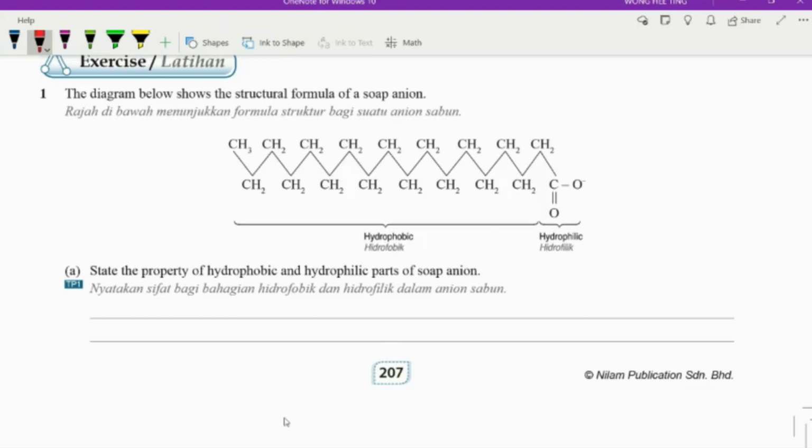Adeline, what did you write for this? Hydrophilic, soluble in water. Okay, very good.